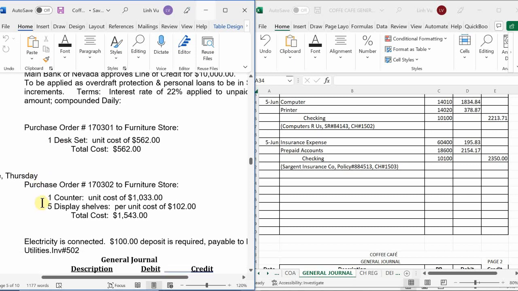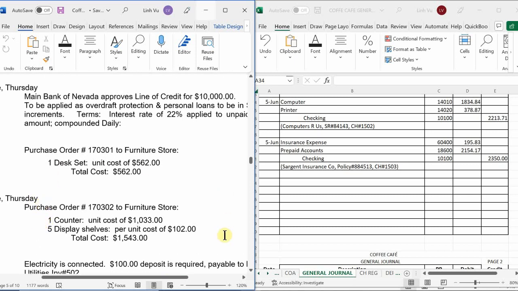Oh, we got another purchase order. So maybe we submitted the first purchase order just to realize, oh, wait, we should have ordered more. So in this case, we made a second purchase order to Furniture Store, and we decided to say, oh, we need to buy a counter to be able to serve our coffees on, and we also need display shelves to be able to sell our coffee mugs on top of, right? To display them.